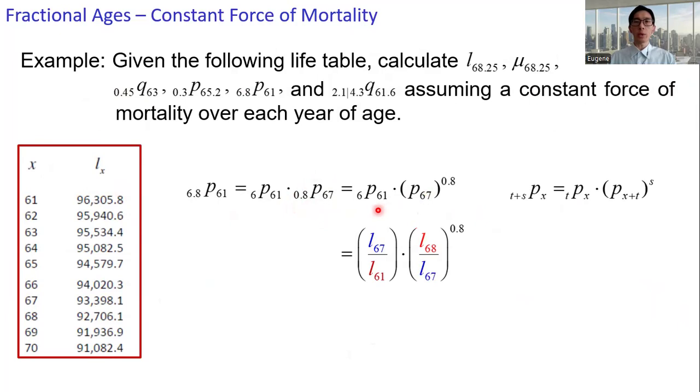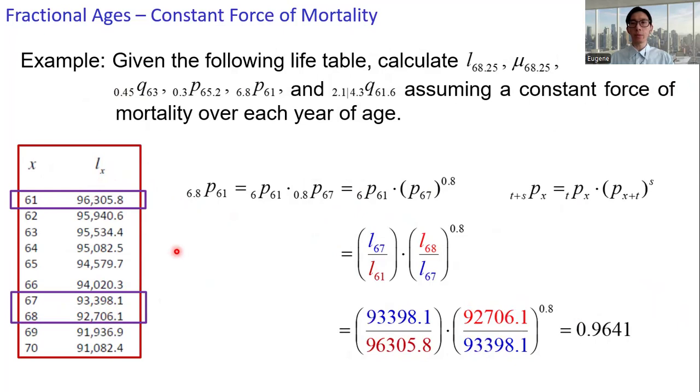To get 6 p_61, this equals l_67 over l_61. And then p_67 is l_68 over l_67. Get these three quantities from the life table, and upon substitution, we get 0.9641.